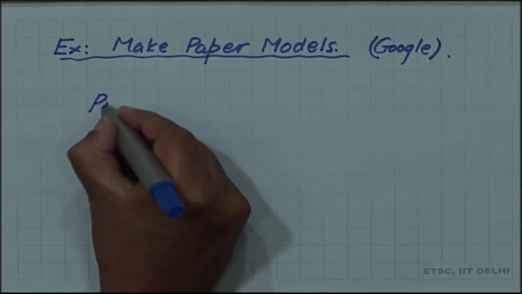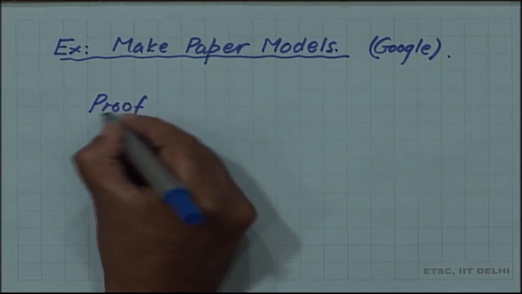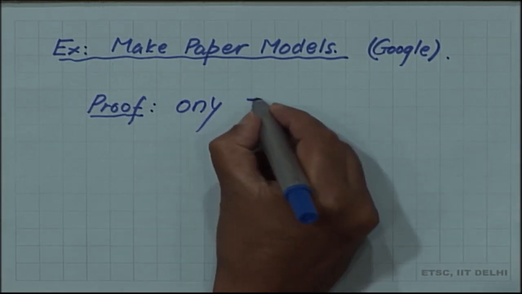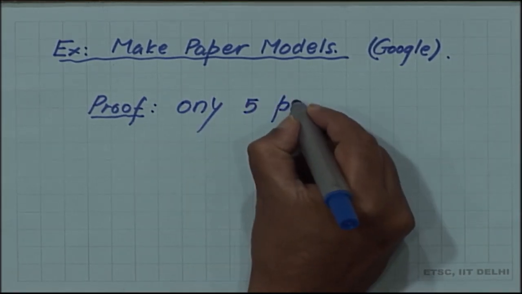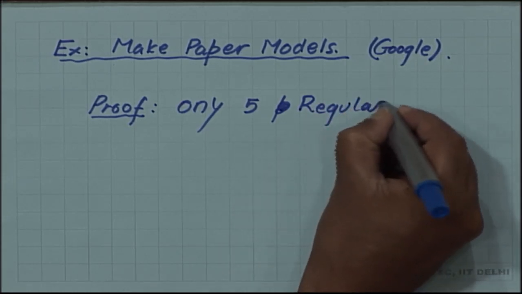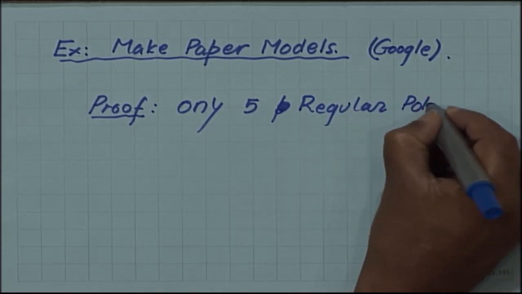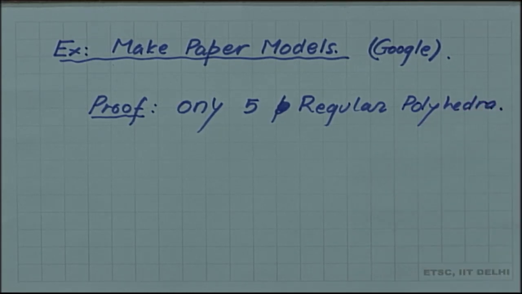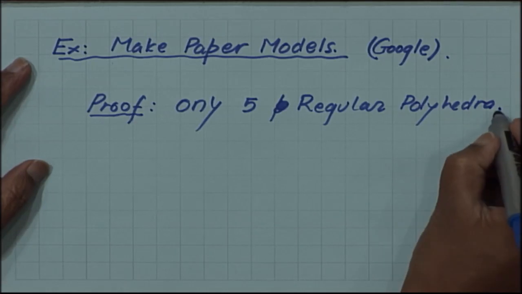The proof is also quite simple. Let me not go into that. There are five regular polyhedra, with a simple geometrical proof.